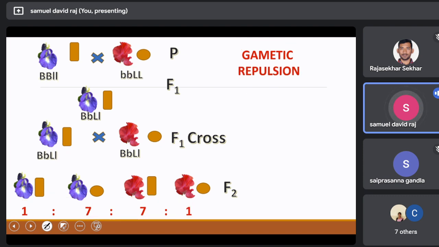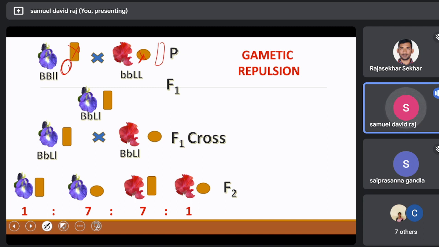And they have gone for the second experiment. In this experiment, here they have taken the blue one with round pollen and the red one with long pollen.